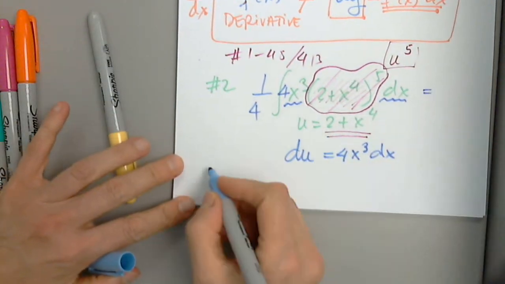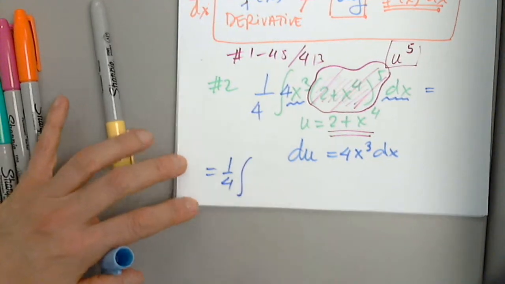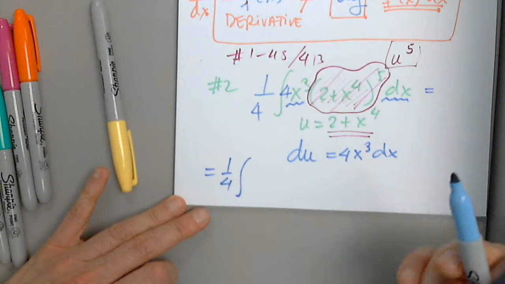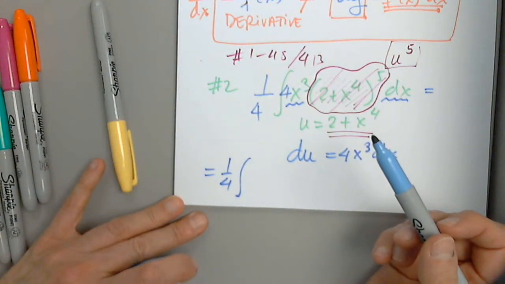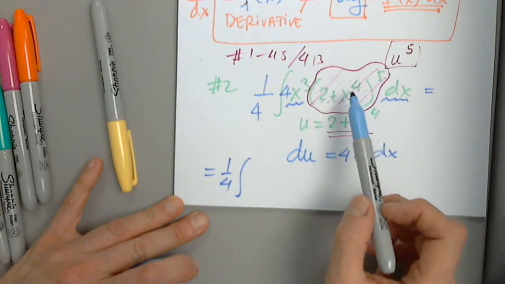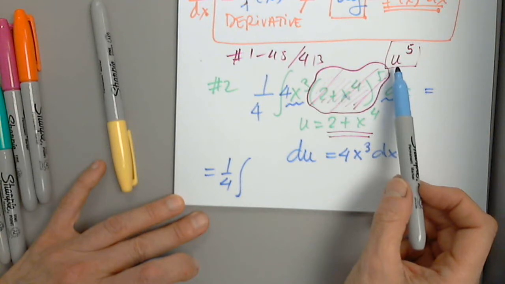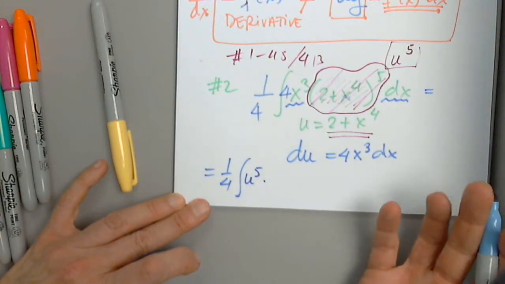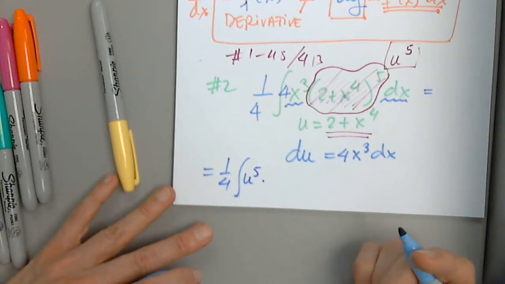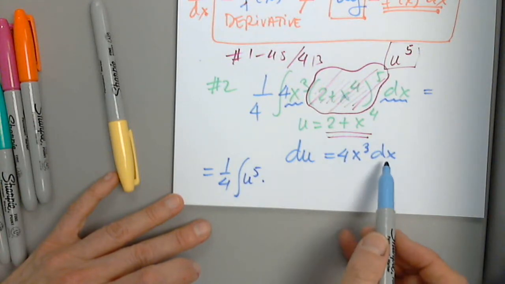So can anyone dictate a new integral with 1/4 in front? The integral from... excellent, u to the 5th times... what is this, this, and this? du. Exactly.